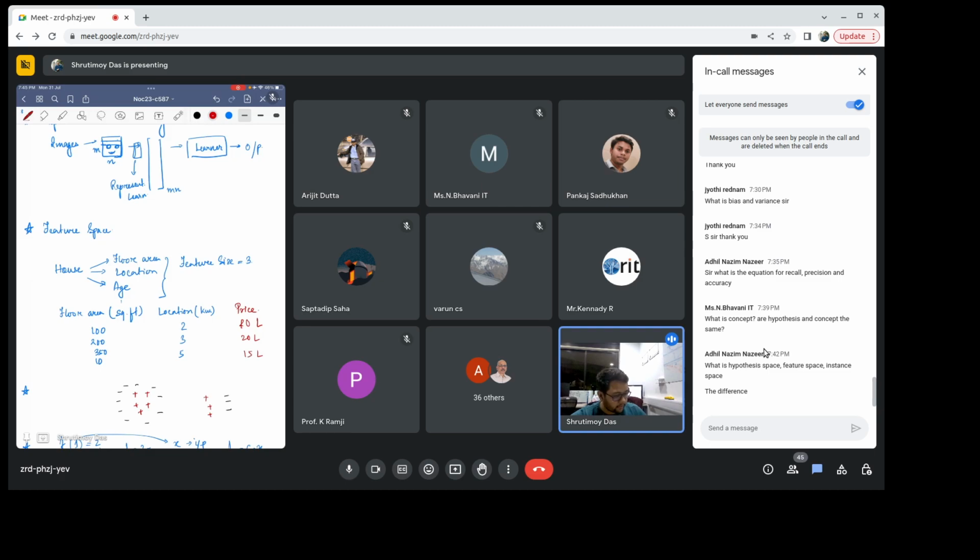So in this case the concept is the price of the house. Our machine learning model will try to learn what is the price of this house. Is it clear? So concept is what you are trying to do with the data. It depends on the task that you have.